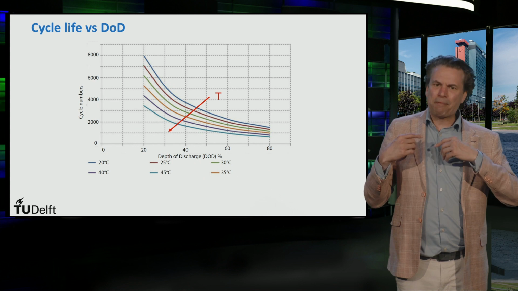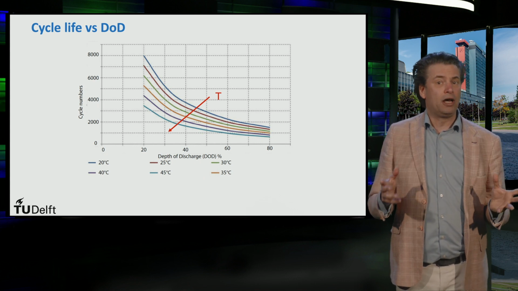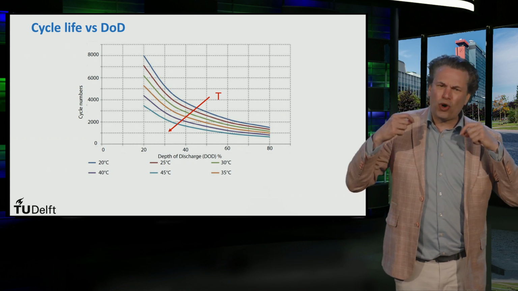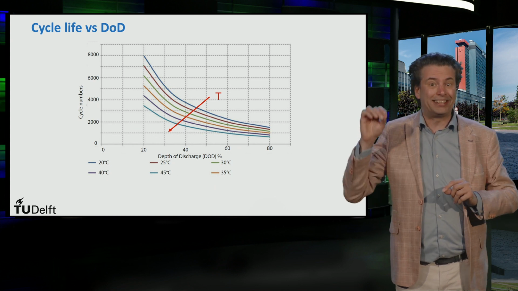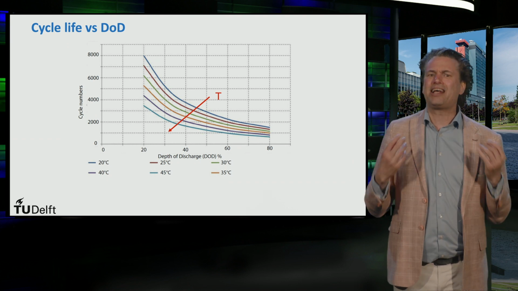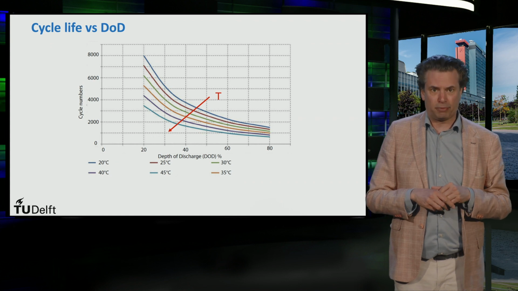However, stating the battery lifetime as a single number is an oversimplification because the different battery parameters discussed so far are not only related to each other but also depend on the temperature. From this figure we can see the cycle lifetime as a function of the depth of discharge for different temperatures.